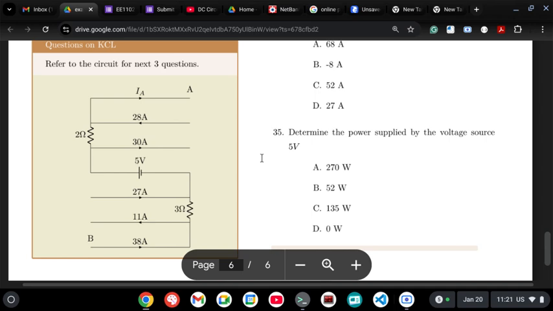Minus 76 minus 48, how much? 124. Here, although this current is there, no other resistance is there. So I already reached point A. So what is the voltage of A with respect to B? It is minus 124. Let us see if it is there in the choices.